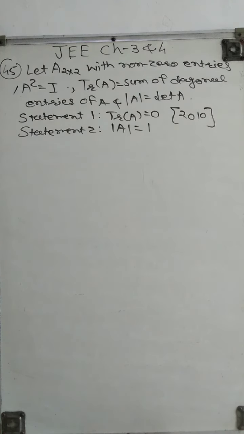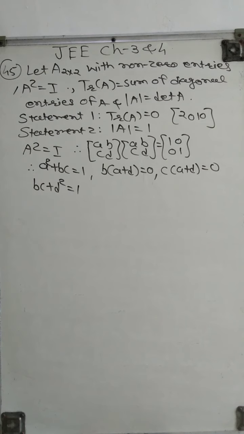Statement 2: Determinant of A equals 1. This was asked in 2010, and four options are given: statement 1 is true, 2 is true, and 2 is the correct explanation of 1; statement 1 is true, 2 is true, but 2 is not the correct explanation of 1; statement 1 is true, 2 is false; statement 1 is false, 2 is true. Okay, there are 4 options. So now we start.